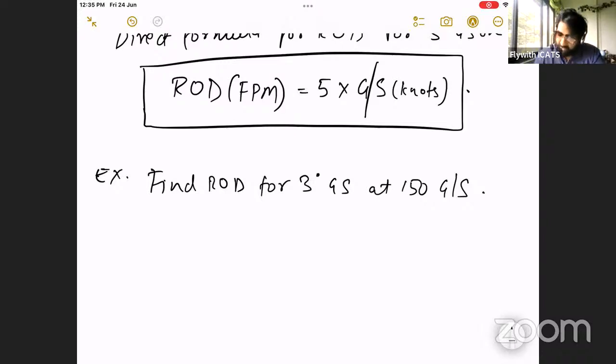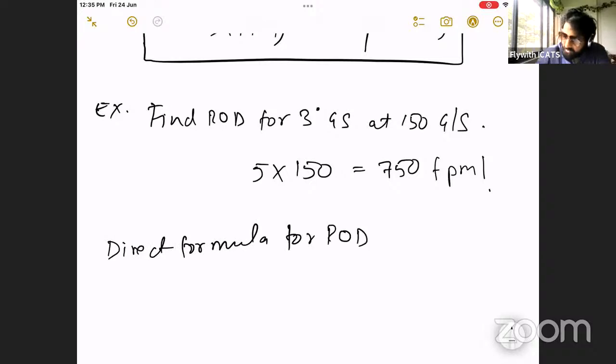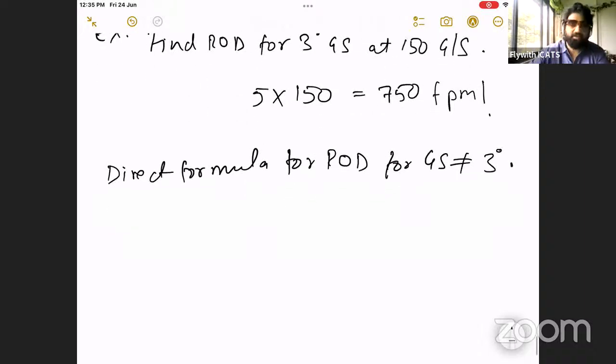Feet per minute. Yes. Direct formula is telling me pi into 150. I get 750 feet per minute. Now the direct formula for ROD for glide slope that is not equal to 3 degrees. What is the direct formula? Okay, the direct formula is very simple.